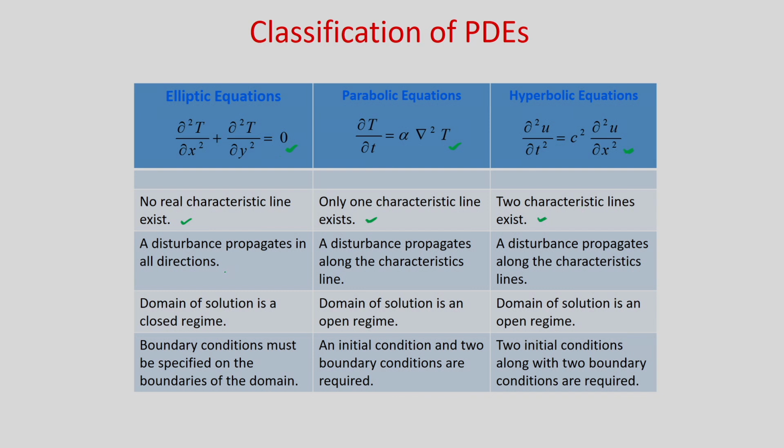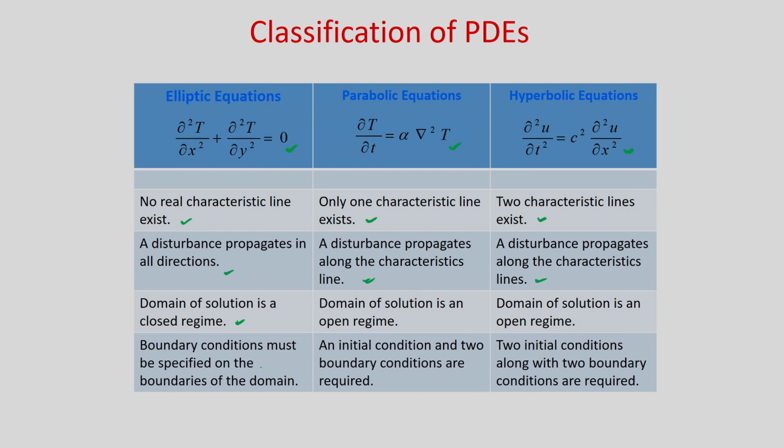In case of the elliptic equation, a disturbance propagates in all directions. In case of the parabolic equation, a disturbance propagates along the characteristic line, and for the hyperbolic equation a disturbance propagates along the characteristic lines. For the elliptic equation, the domain of solution is a closed regime, but for parabolic and hyperbolic equations the domain of solution is an open regime.